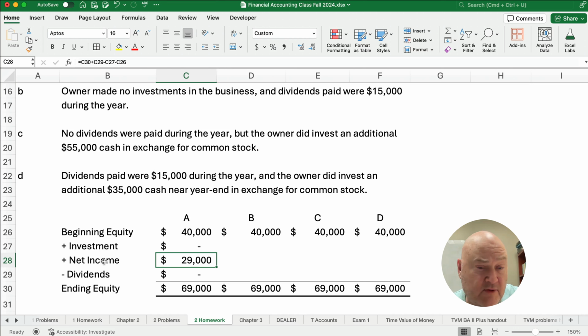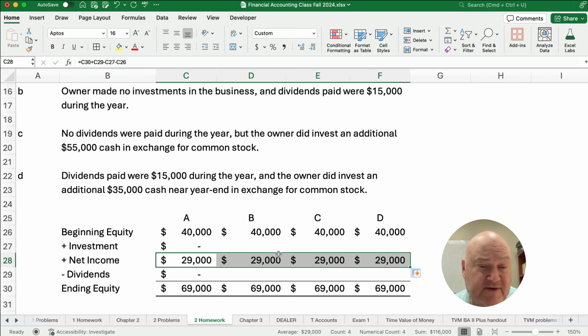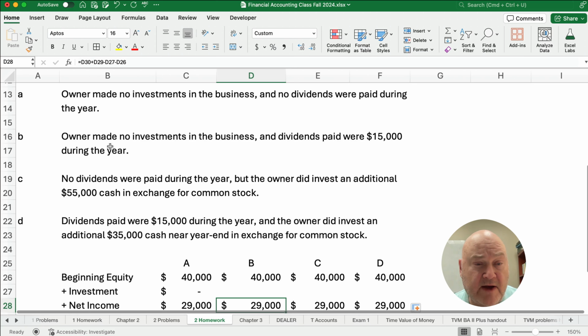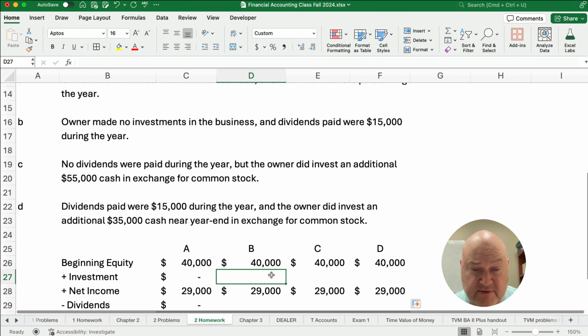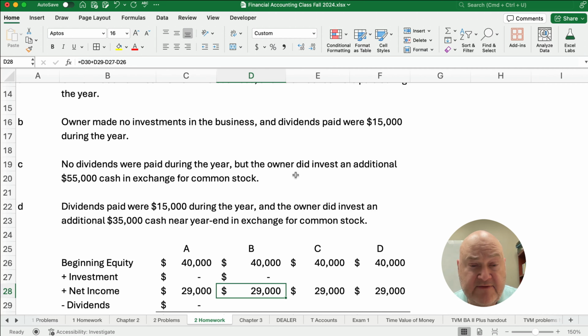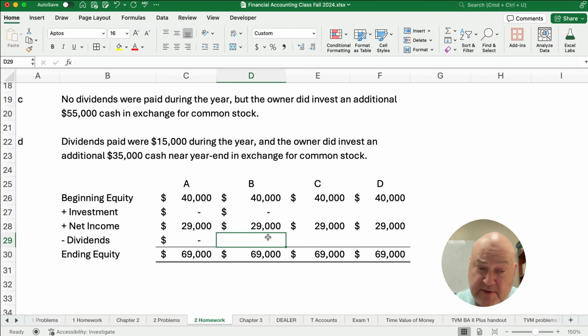Now, if we do this correctly in Excel, here's why Excel is so powerful. This is not really 4 different problems. It's the same problem, just changing the numbers 4 times. So if you have 0 investment and 0 dividends, the answer is going to be 29,000. So what do we do for item B? The owner made no investments, so that's 0, but they paid dividends of 15,000, so that's going to be a minus.